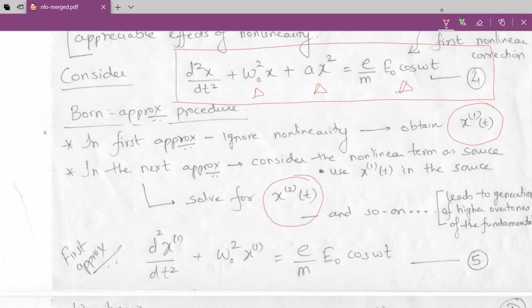So again, let me point out, we are looking at equation number 4, where omega naught corresponds to the natural frequency of oscillation of the oscillator, whereas omega, which is distinct from omega naught, is the frequency of the incoming electromagnetic wave. So you see that in steady state, essentially, one is driven by the drive frequency, which is omega.